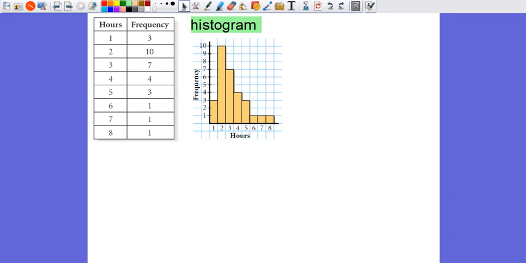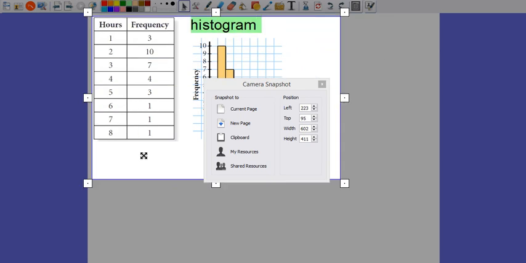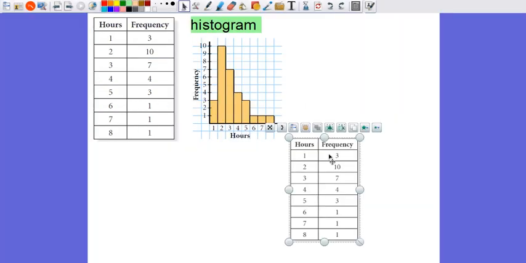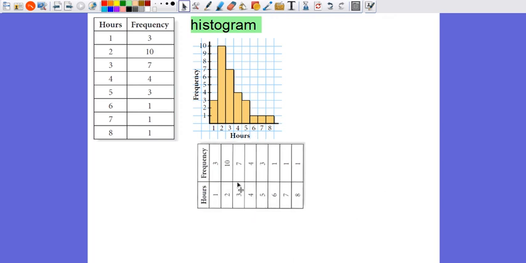Okay, so watch this. I think I can make this really straightforward for you and do this. Boom, boom, boom, and let's flip this around sideways. All right.